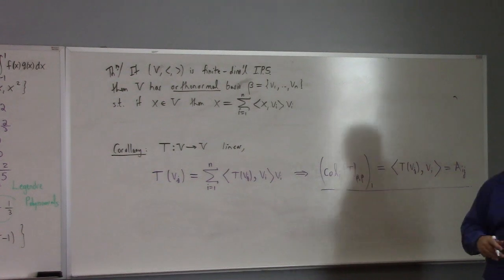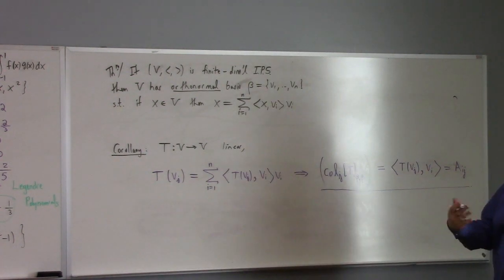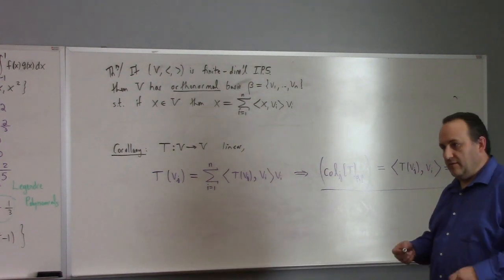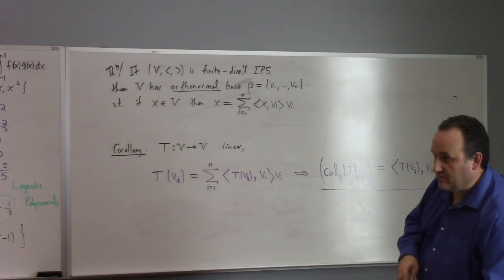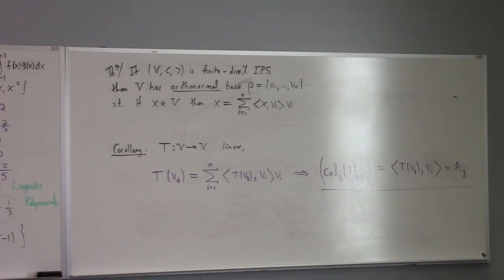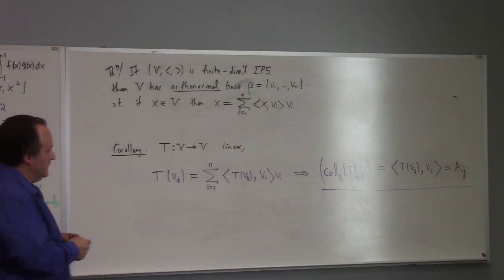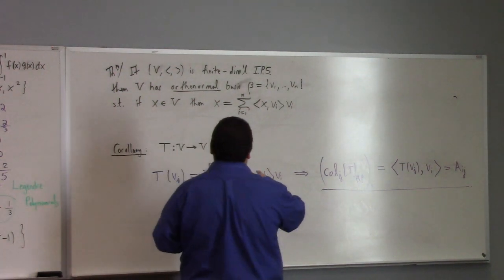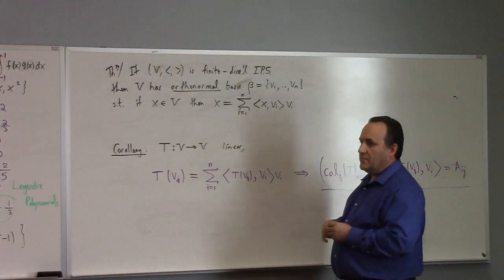I simply take the inner product with the output of the basis. And that tells me the matrix with respect to an orthonormal basis. So these coefficients have special names. They are known as Fourier coefficients. If you're calculating the components of a vector with respect to an orthonormal basis, they call these things Fourier coefficients in this special context, all right?